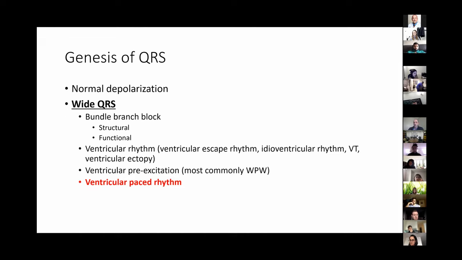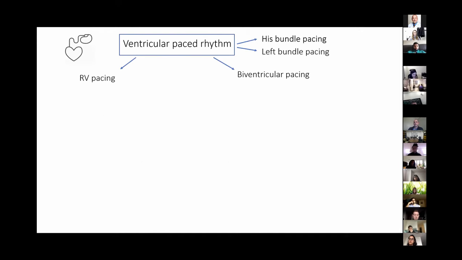And then finally, ventricular paced rhythm is something you have to always take into account, because sometimes the pacing spikes are very hard to see. If you're in a rush and you just see a very fast rhythm, you might neglect the presence of pacing spikes. So that can also be your possibility.